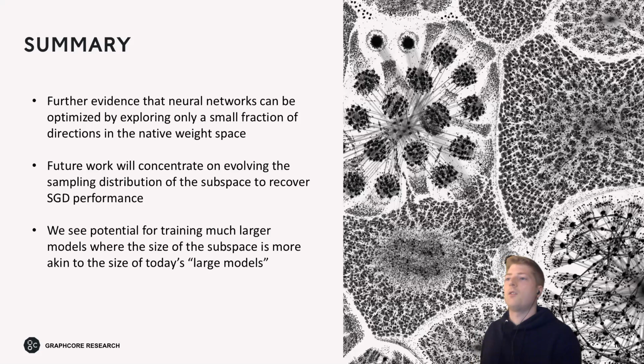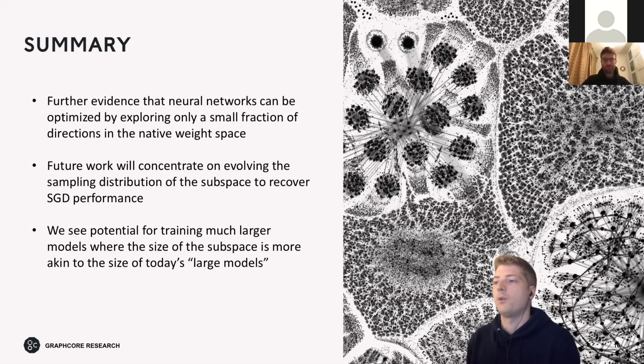To summarize, our work provides a bit more evidence that neural networks can be optimized by exploring only a small fraction of directions in the native weight space. There's lots of work to follow and lots of exciting work already going on in this direction. I also think there's still lots of scope for improvement.